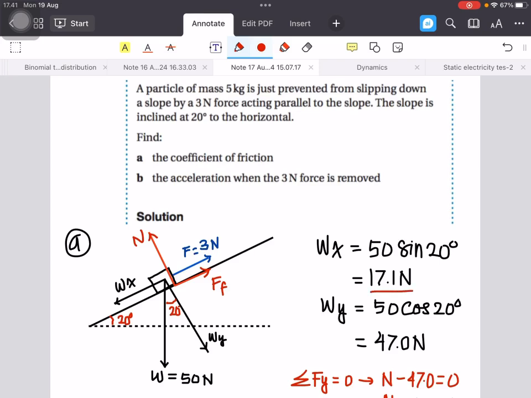It's equal to 17.1 Newton, and then Wy is 50 cos 20 degrees. It's equal to 47.0 Newton. And then here we also have a normal force and also a friction force.